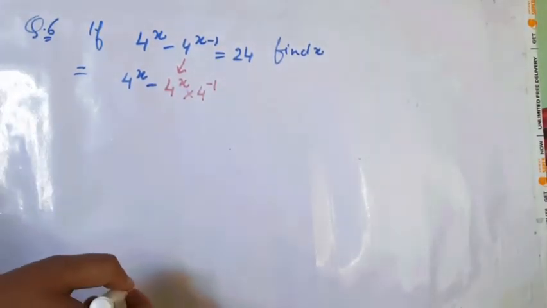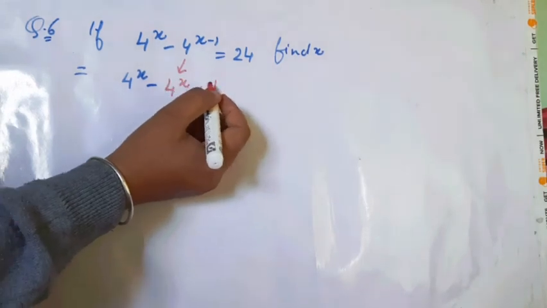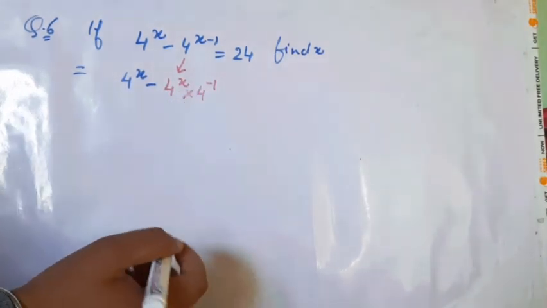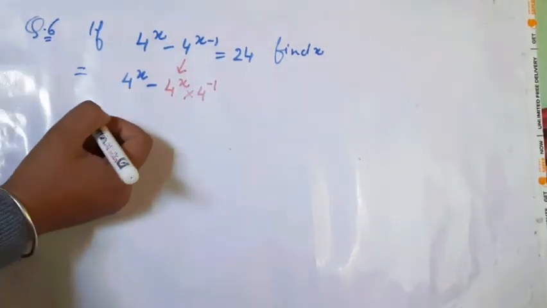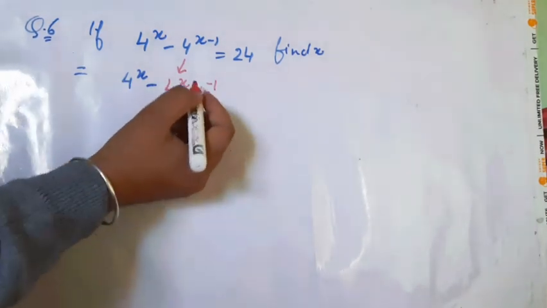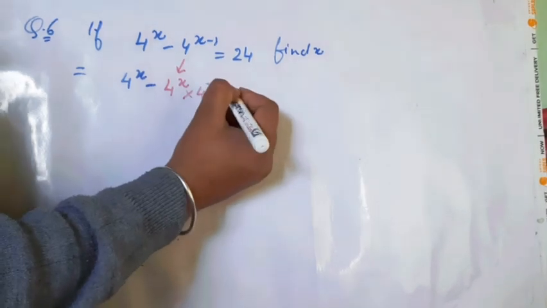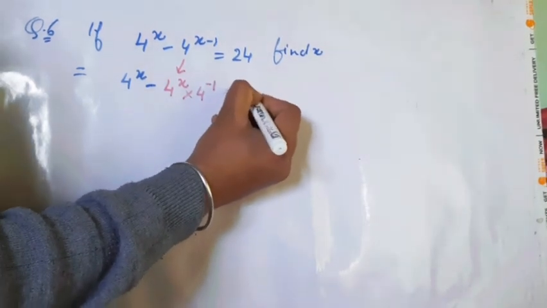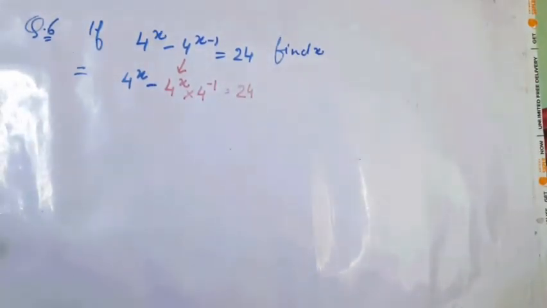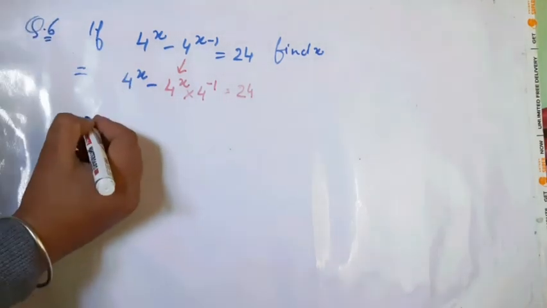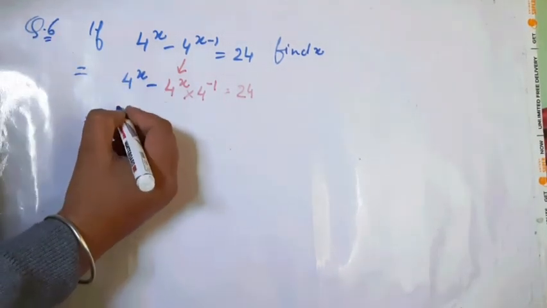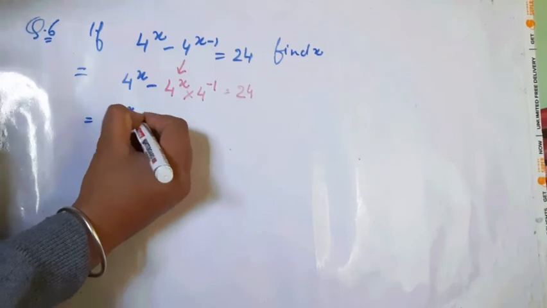Why I am writing in the form of 4 raised to power x multiplied by 4 raised to power minus 1? Because now I can take 4 raised to power x as a common. So you know powers will be plus and you will be getting same number. So equals to 24 as it is. Then 4 raised to power x is common. Let us take it common.